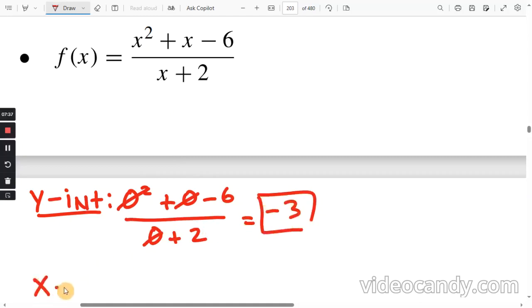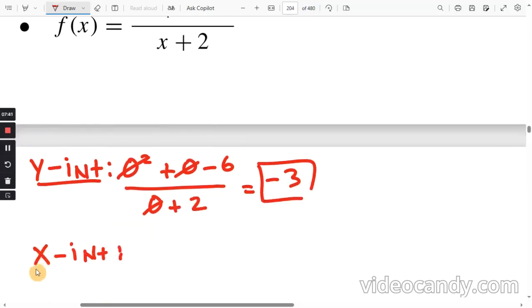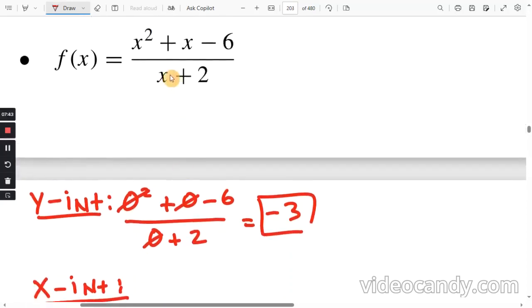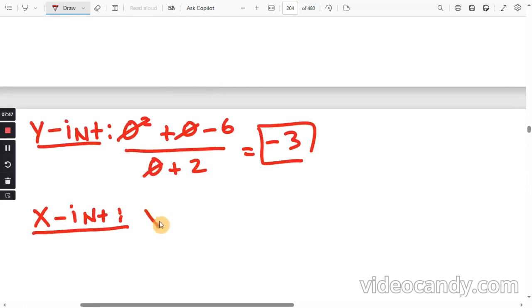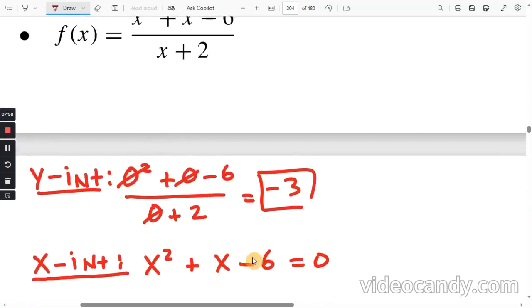For the x-intercept, we set the numerator equal to 0. X squared plus x minus 6. Numerator equals 0. How can we solve this? Factor or quadratic? Well, let's see.